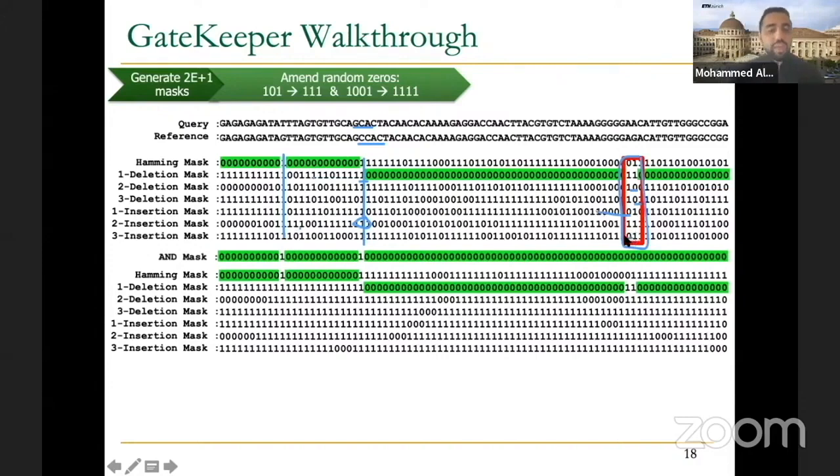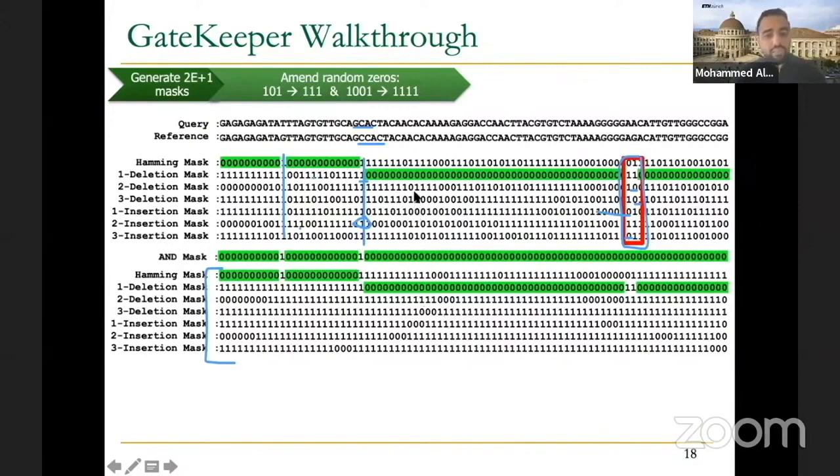So we said, okay, let's try to switch them ourselves. Let's try to convert all these short segments of zeros into ones so that we can cancel the effect of these, we call them random zeros in the vector. And this is the new version of these vectors. That is, we replace every segment shorter than 3 zeros, so which is 1 or 2.